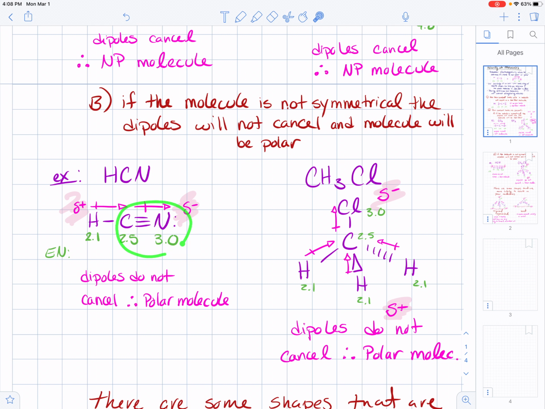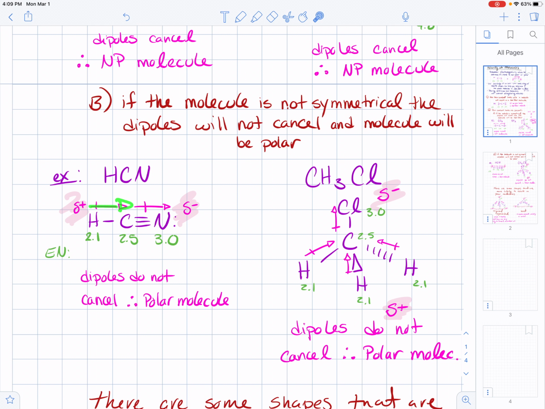So I'm going to look at carbon and nitrogen, and I see that nitrogen is the more electronegative one, so it creates a dipole moving toward nitrogen. Now when I look at carbon and hydrogen, again, I see that there's a difference in electronegativity. Carbon is more electronegative, and so technically it is making a dipole going again to the right.